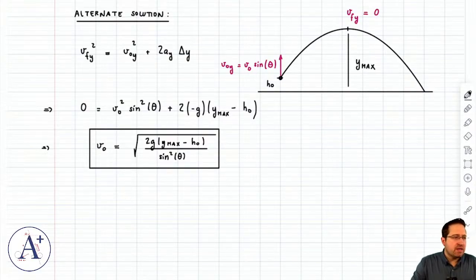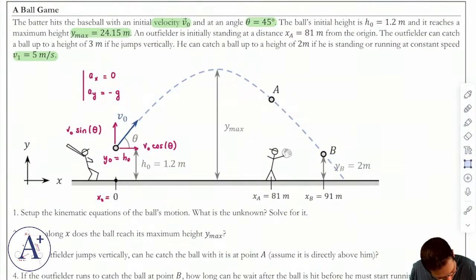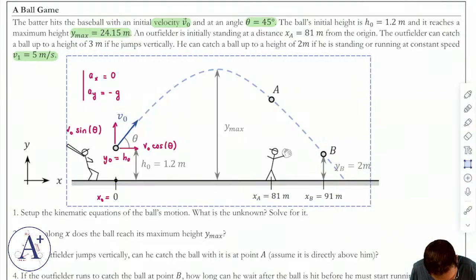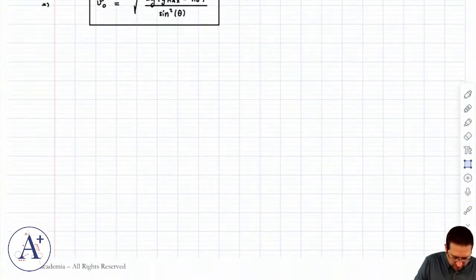All right. So now we've found v0, we know v0 and theta, and we can answer all of the classic questions. So let me just grab a copy of this so that we can have this down here while we work.